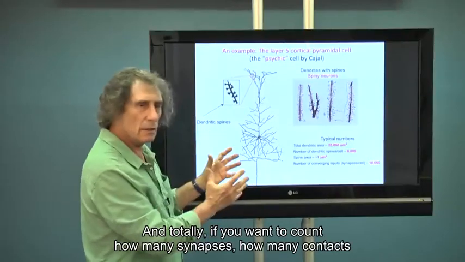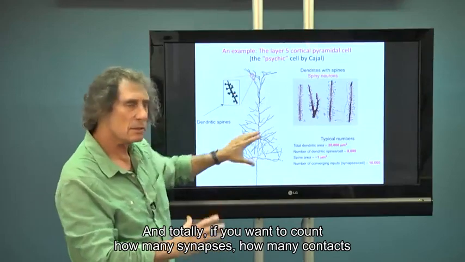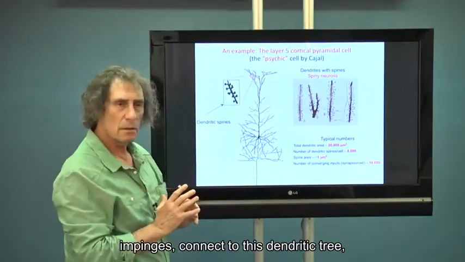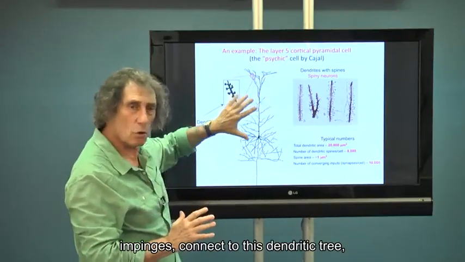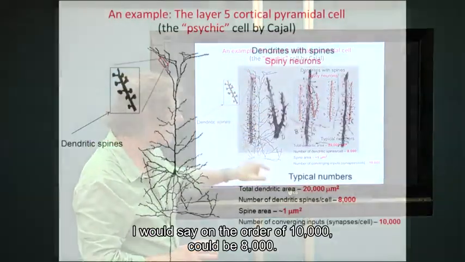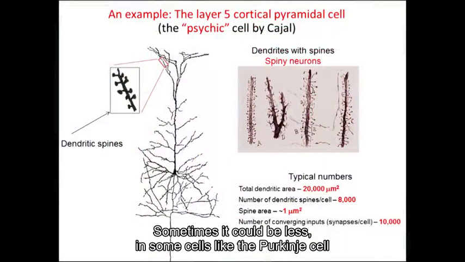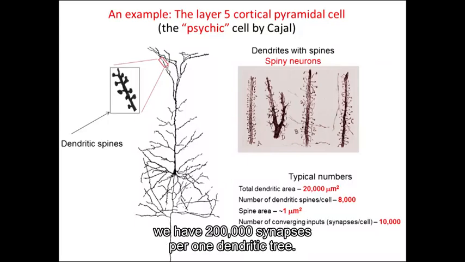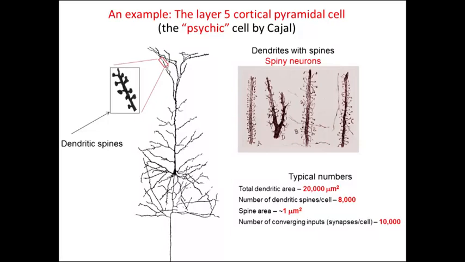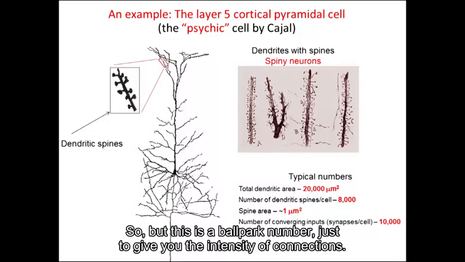And in total, if you want to count how many synapses, how many contacts, connect to this dendritic tree, I would say on the order of 10,000. It could be 8,000, sometimes it could be less. In some cells, like the Purkinje cell, we have 200,000 synapses per dendritic tree. But this is a ballpark number just to give you the intensity of connections.